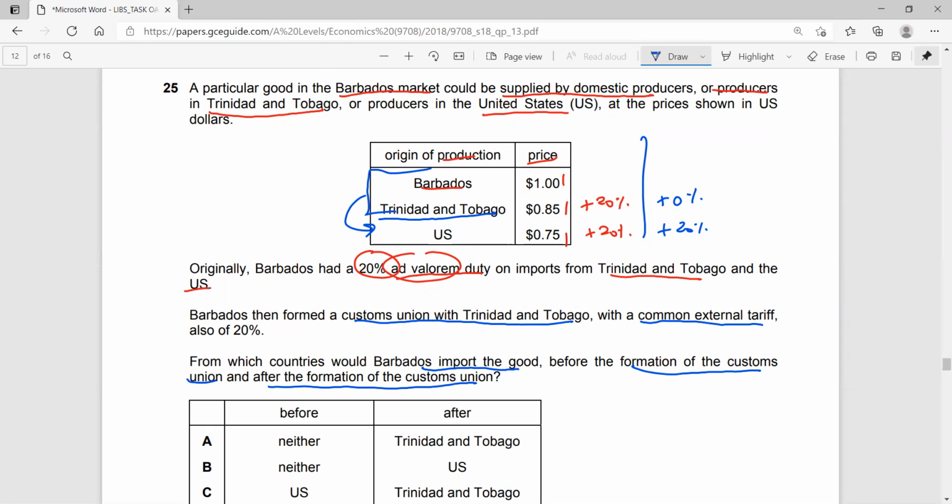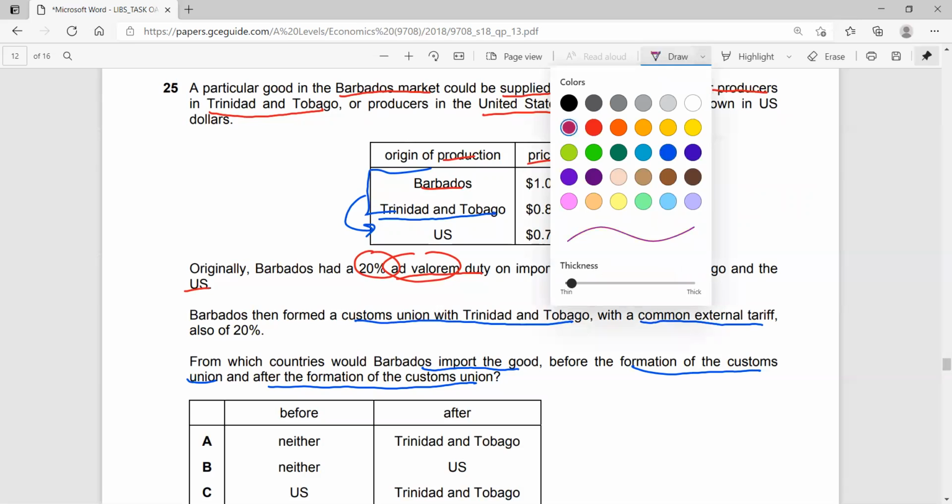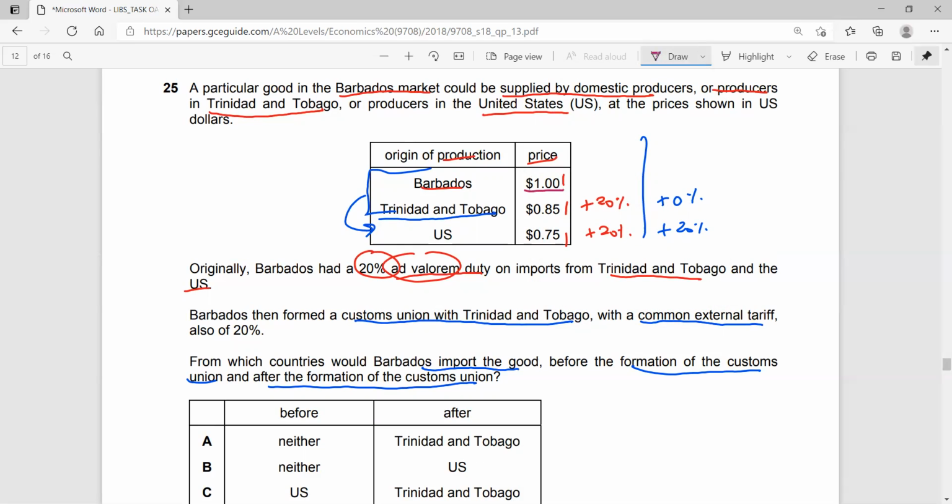So who would you import from before and after the formation of a customs union? Before, the local price is $1. The imports seem cheaper, but you have to factor in the plus 20%. You can calculate the 20% and add it, or just multiply by 1.2, and it's the same thing.